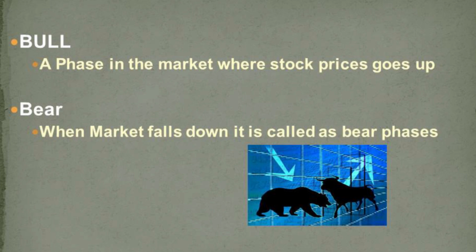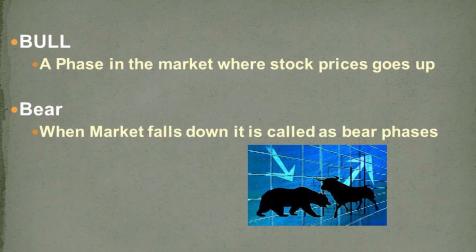When I talk about bull, bull always tries to look up, okay, and that's where it is linked with stock market. So whenever the market is going up, the stock prices are increasing, that phase is called a bull run. Bear, when you see a bear, it would always put its head down and then walk.